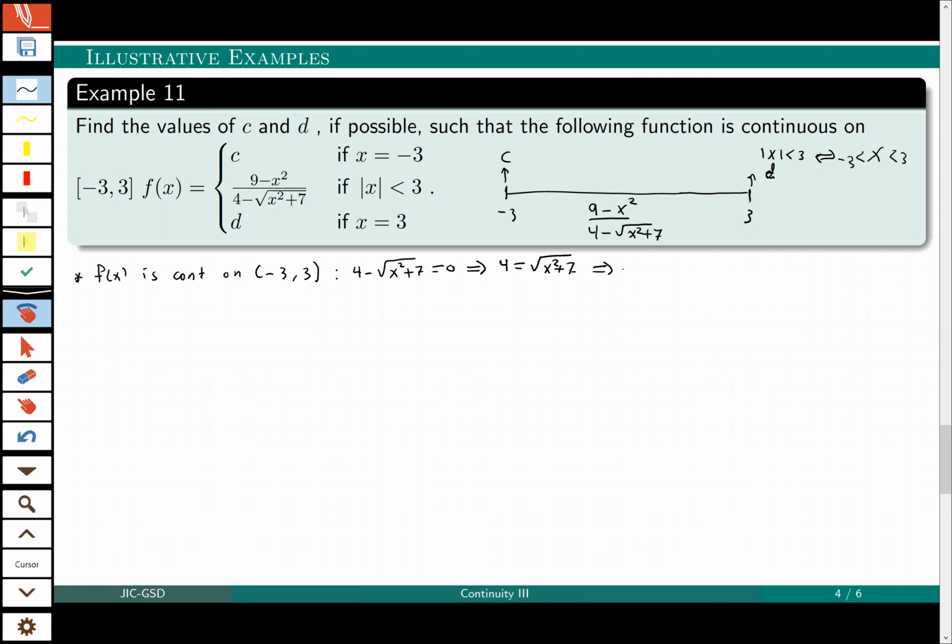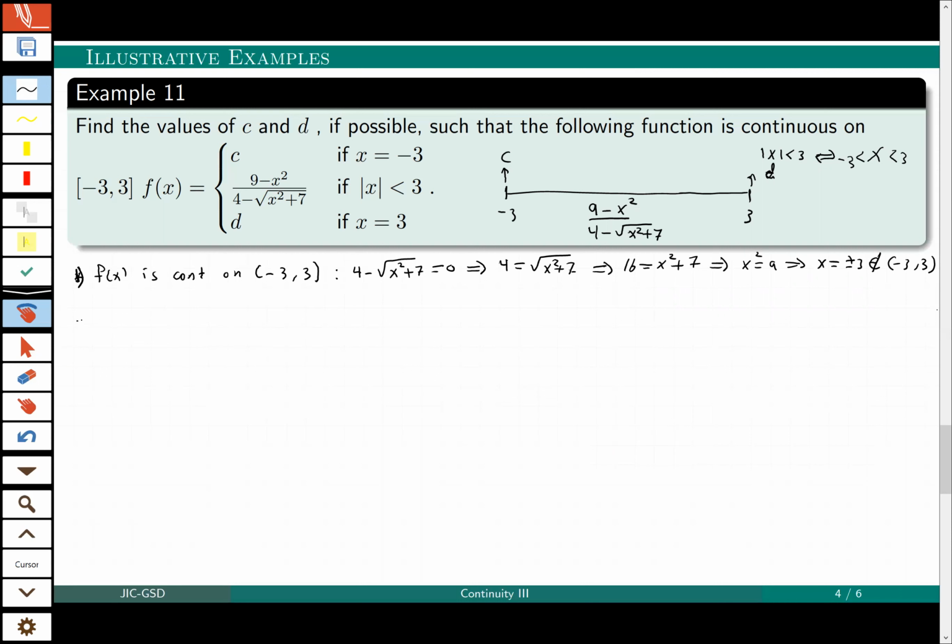Squaring both sides, you get 16 equals x squared plus 7, which means x squared is 9, so x equals plus or minus 3. But both these points are not inside the interval minus 3 to 3. That's why it is continuous inside the interval.